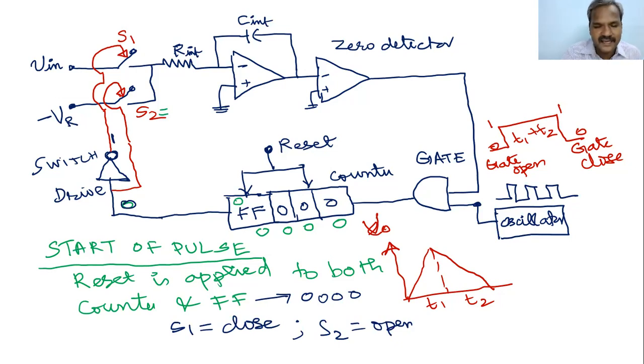So the moment S1 closes, Vin is applied to the integrator.